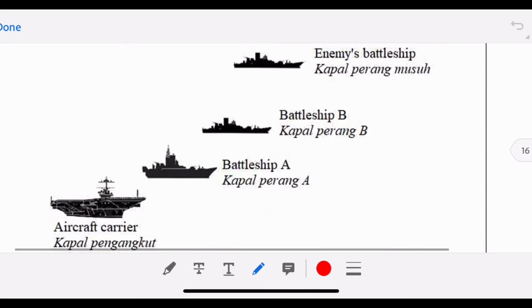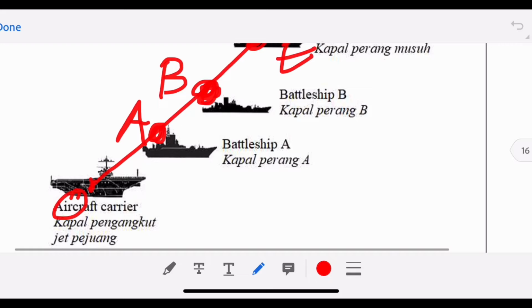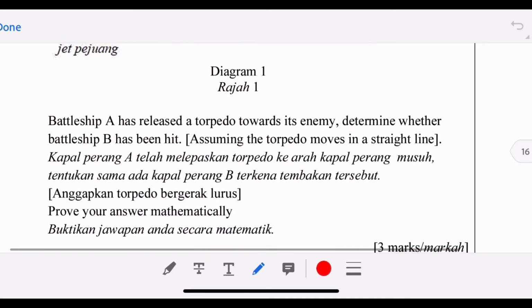Then we go to the diagram. Now we study the diagram. We can assume that they lie on a straight line. So this is the origin, and we have point A, point B, and point E. Alright, that's how you figure it out.